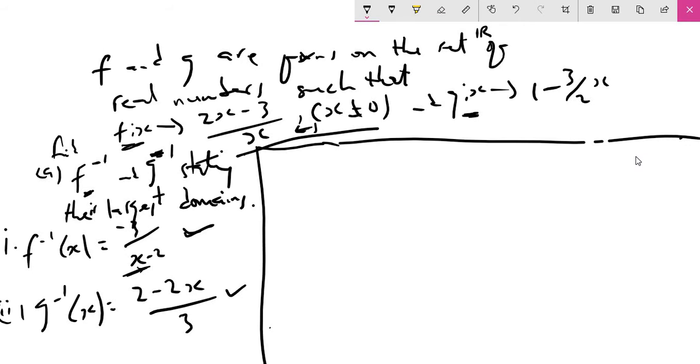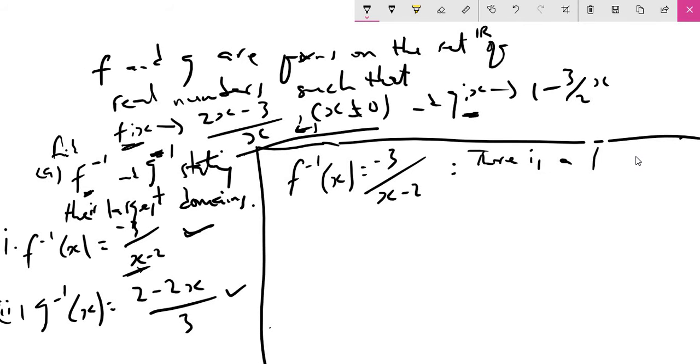We're trying to find the domain of f inverse of x, which is -3 divided by x minus 2. So now here there's a fraction, right? So we look at the denominator. What value of x will make the denominator 0?